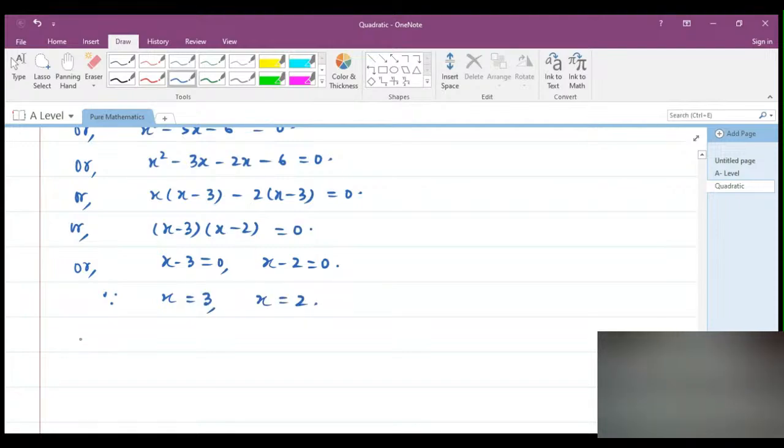So the required solution here will be 3 and 2. This is the answer. Now I am going to zoom this solution, so you have no problem to note down the solution of this question.